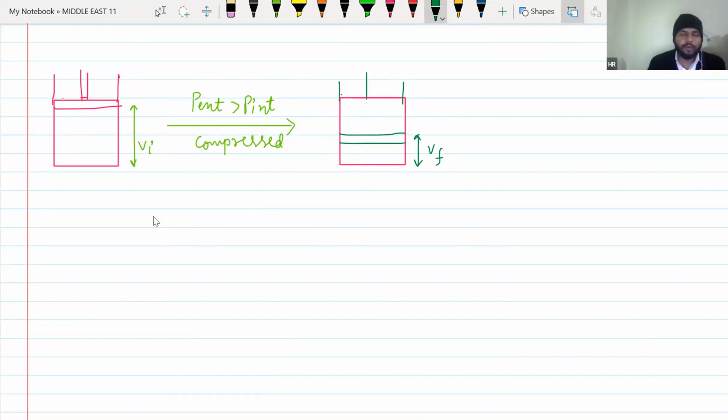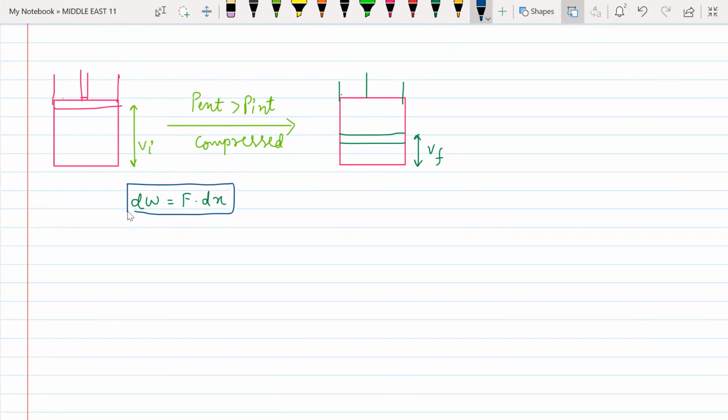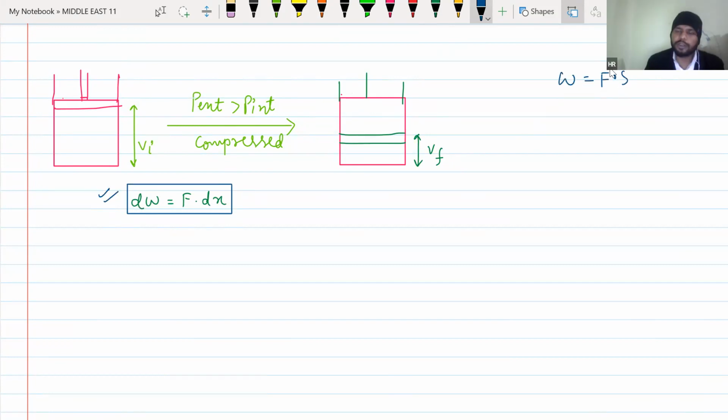Now we need to find work done. You know that dW equals F dot dx. Have you studied about it or not? Yes, sir. In physics, W equals F dot S, force into displacement, and for dW, it will be F dot ds.